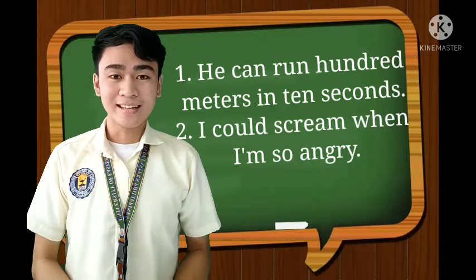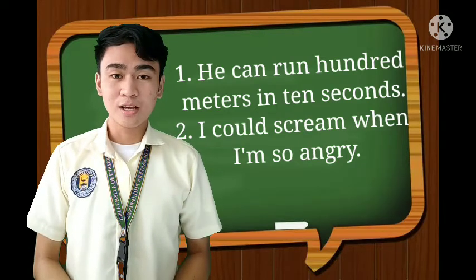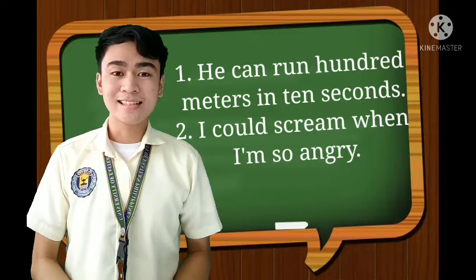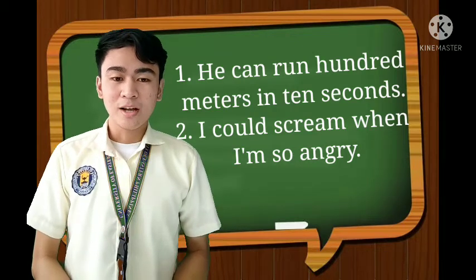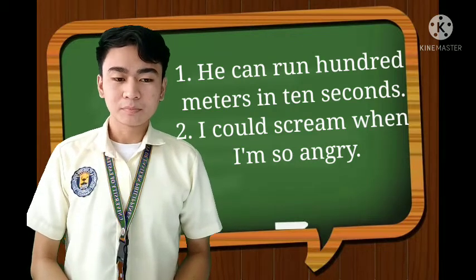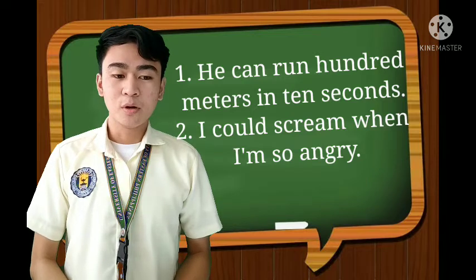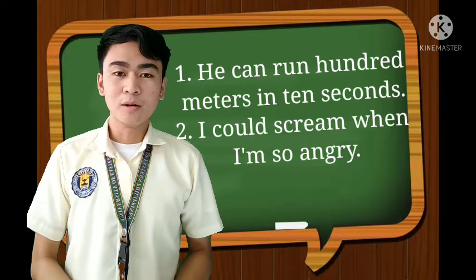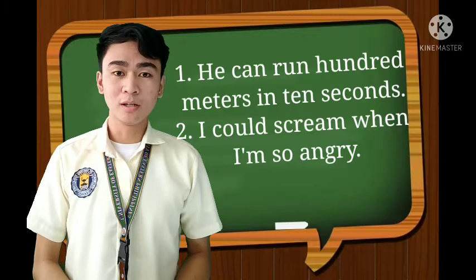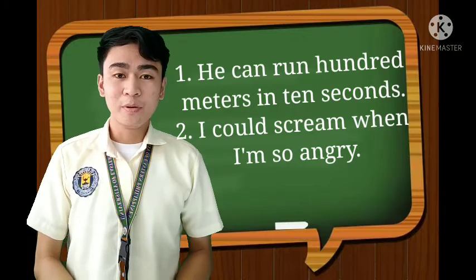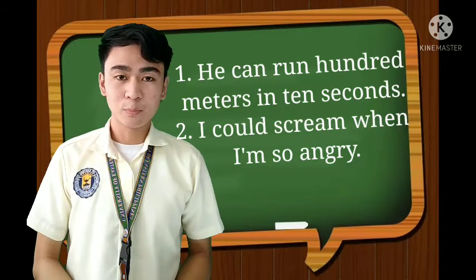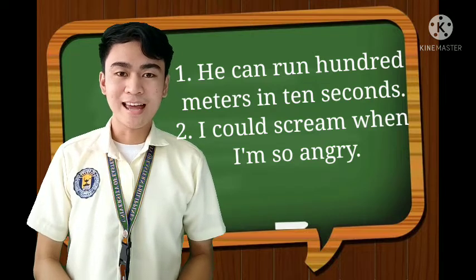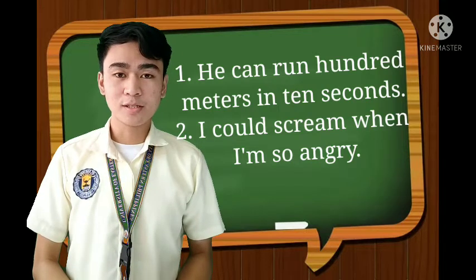The word can indicates the ability of a certain person to run 100 meters in 10 seconds. Another example is, I could scream when I am so angry. The word could is a modal which indicates the ability or capability of a person to scream when he or she is angry. So that's the first category.